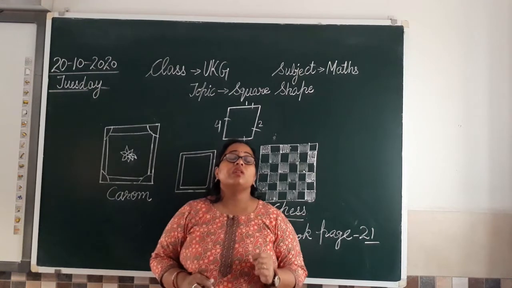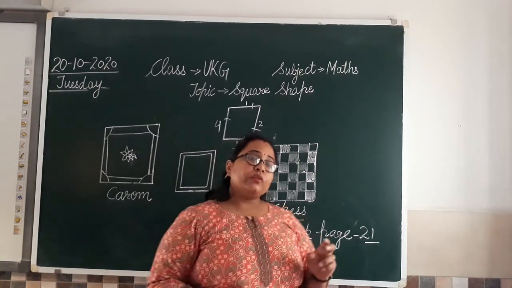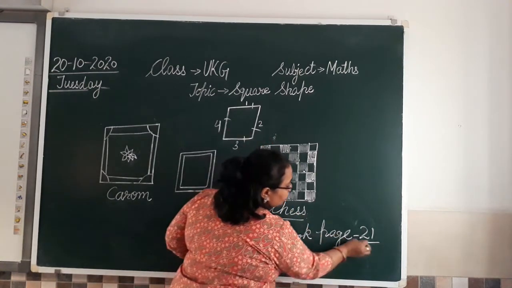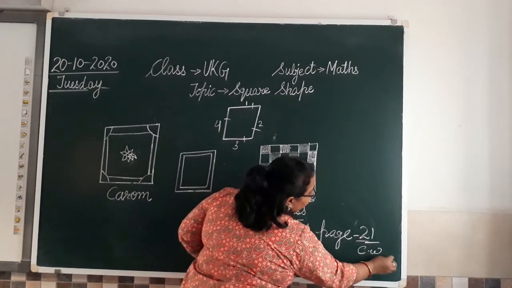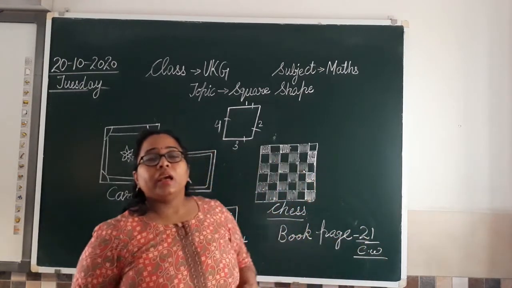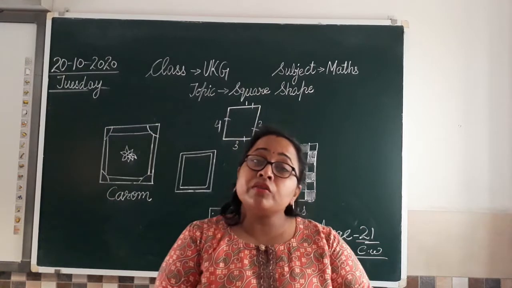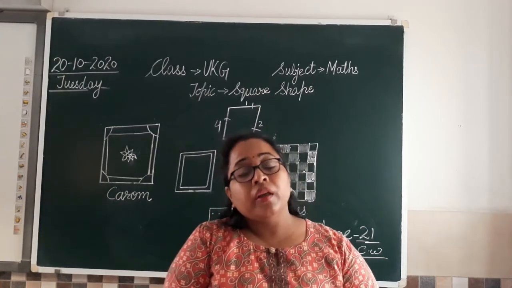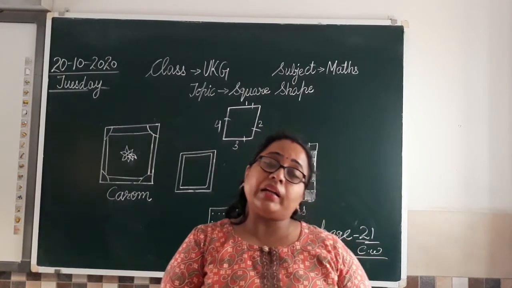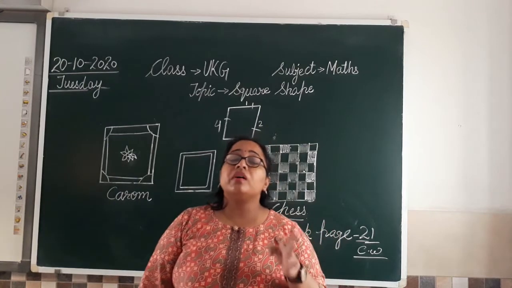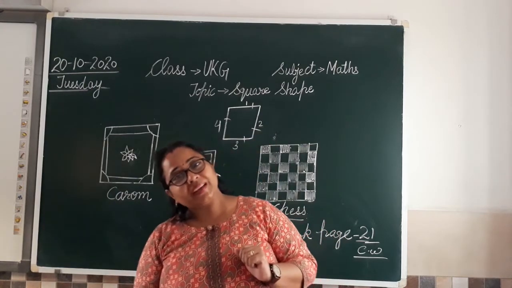That dice is also square in shape. Clear? So now let's open our book on page number 21. So this will be your classwork, and let's see different square shape objects in the book. Then later after the book work, I'll tell you how you can draw a square in your notebook. Okay?